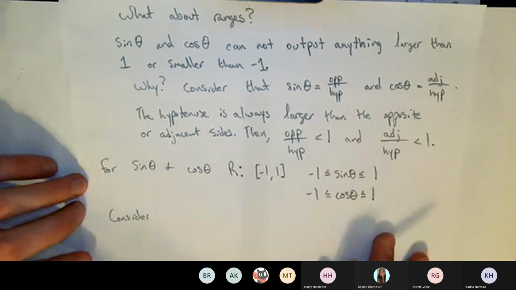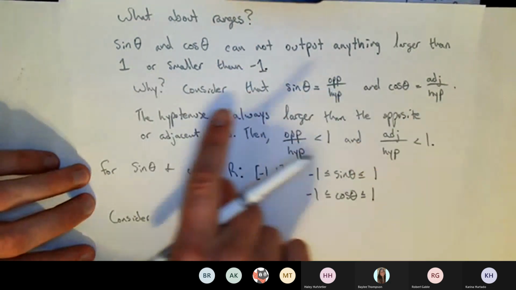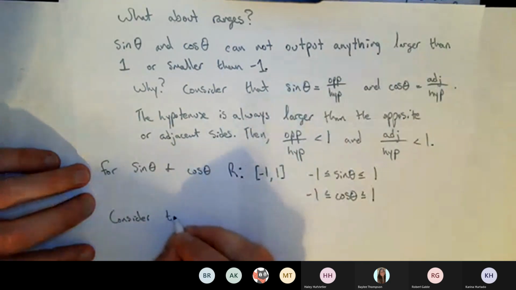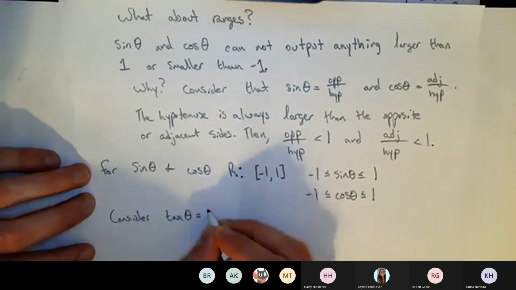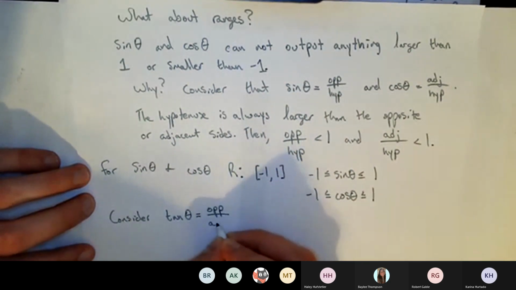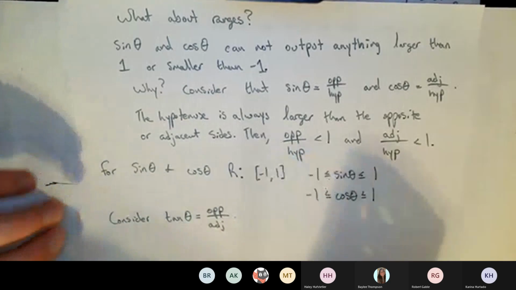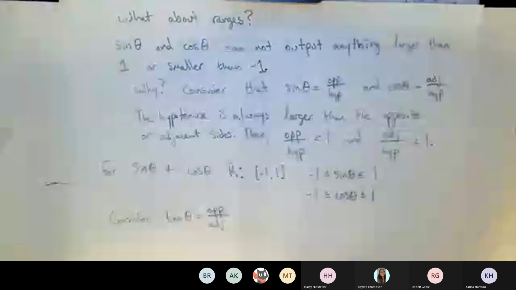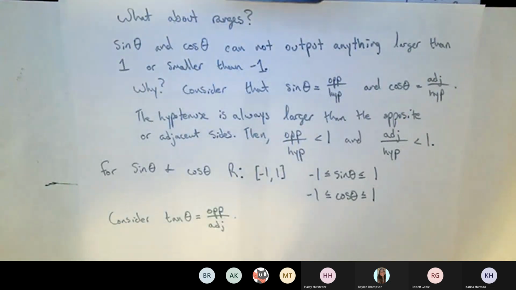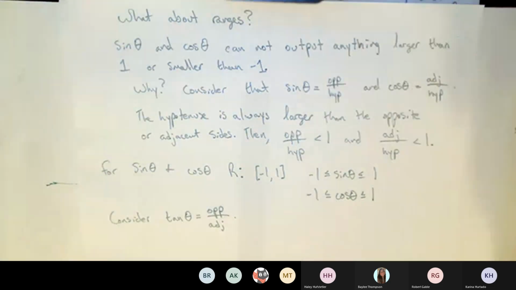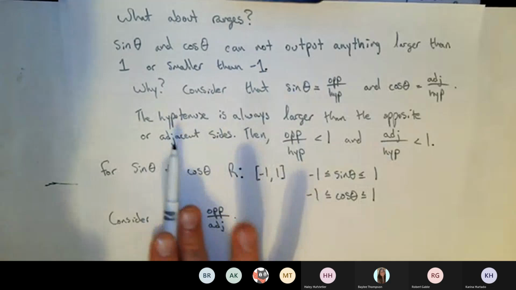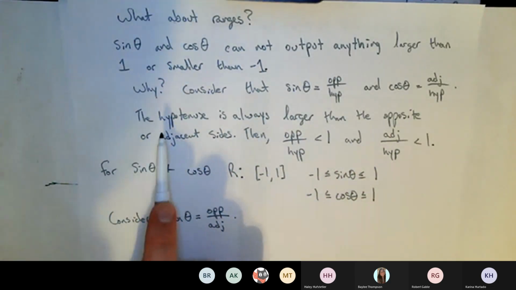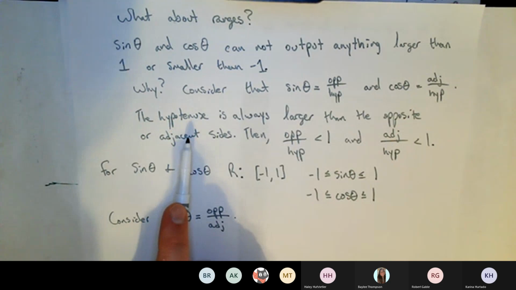Okay, now let's consider tangent. I'm going to follow a similar argument here to see if we can get a similar bound on tangent. Consider tangent of theta is equal to opposite over adjacent. Now, is there any kind of restriction about the legs of a triangle? I said that the hypotenuse is always larger than the opposite or adjacent sides, the longest part of the triangle.